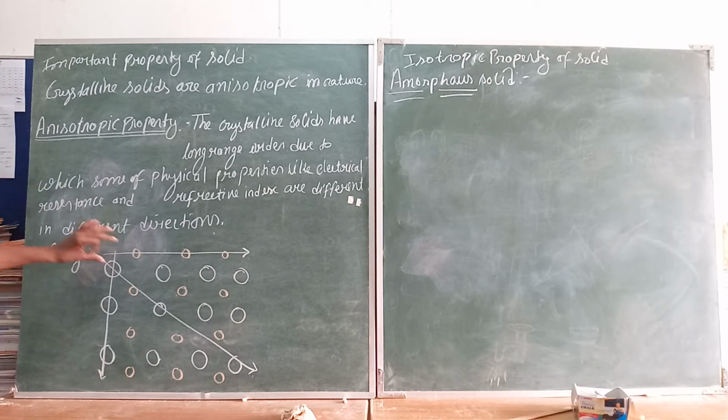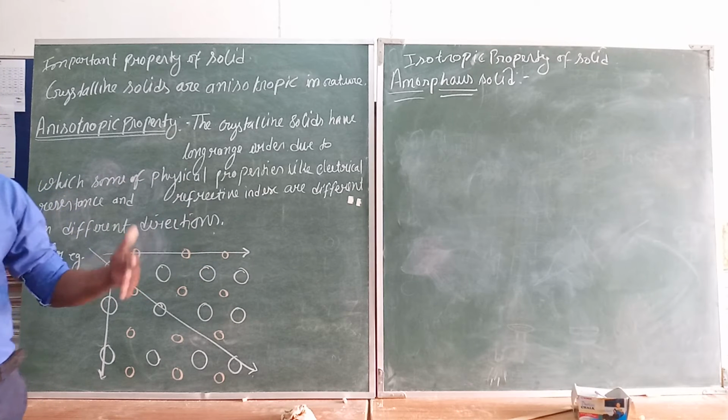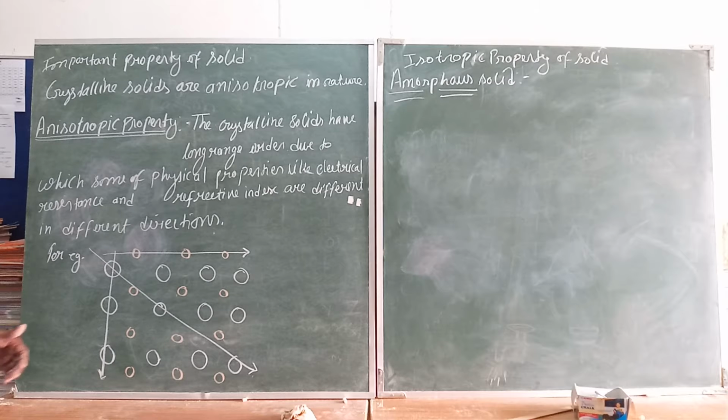As you know, different atoms have different sizes and different mass numbers also. Suppose this is a type of crystal. By the definition of the crystal, we know that the particles are arranged in a regular, periodic order.